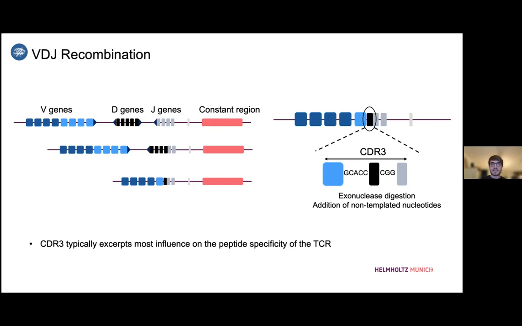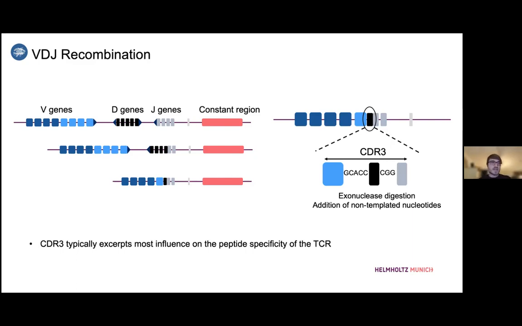The diversity that comes through this recombination can be further enhanced through sloppy joining, by integrating random base pairs at the joining elements. And exactly there, these parts are encoding the CDR3 region of the T-cell receptor.